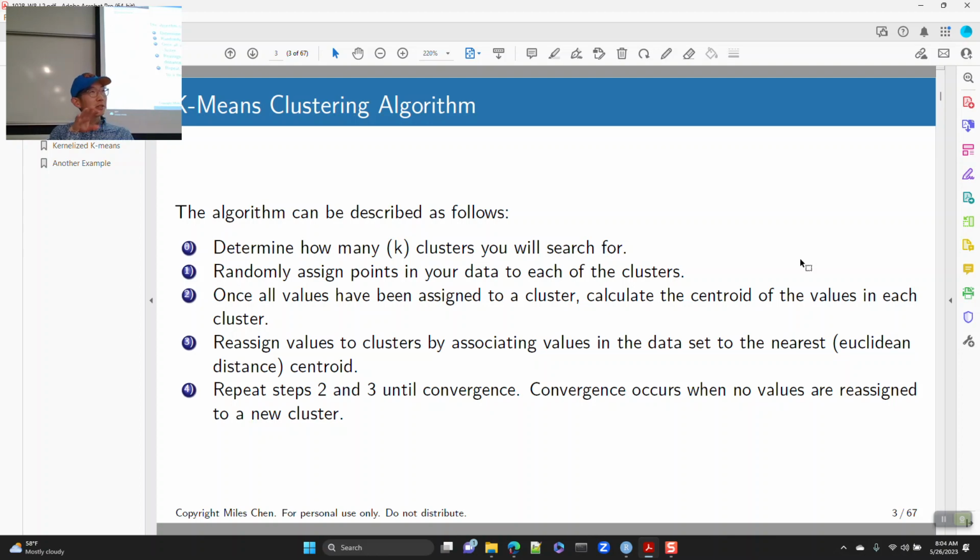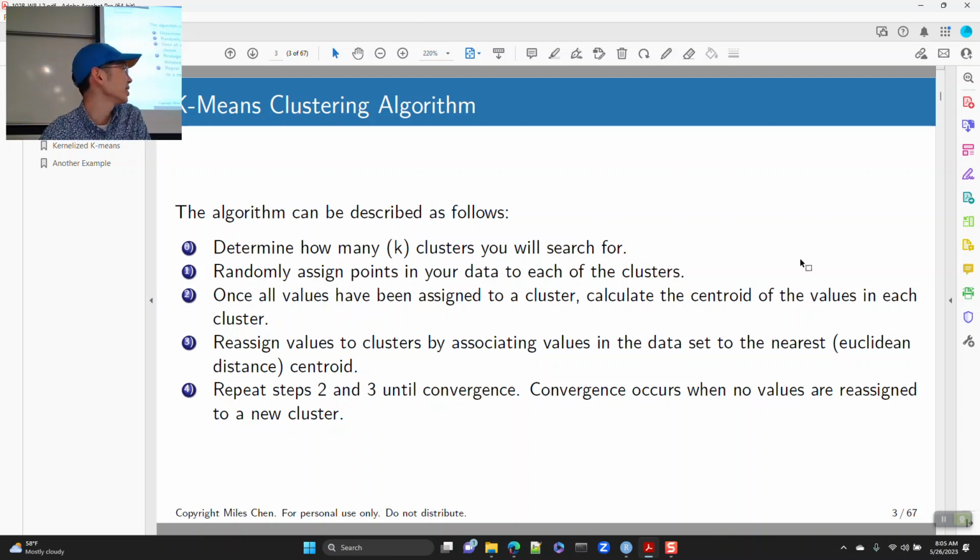It's kind of this iterative back and forth algorithm. I guess it could be considered a special case of the EM algorithm, but that's next week. But it's basically these two stages. One is you calculate centroids, and then the other is you reassign points, right? So you calculate centroids, reassign points, calculate centroids, reassign points, and you just go back and forth until it settles on convergence. There's some issues.